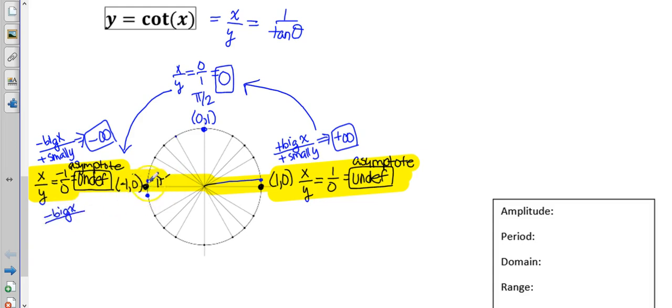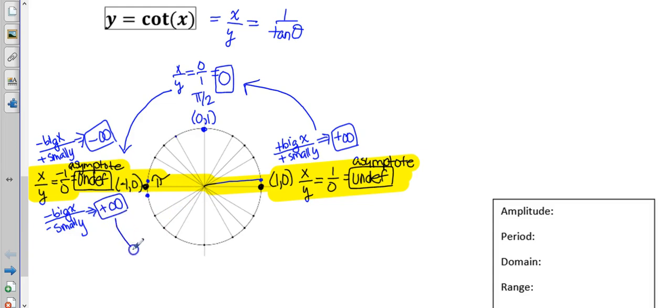But this time, instead of going up a little bit, you're going to go down a little bit. So what does that mean about your small y value? Is it going to be positive or negative? I'm hoping we're all saying negative, and I would agree with you. So negative small y. Negative divided by negative is a positive. So those negative big x's divided by negative small y's will result in approaching positive infinity.